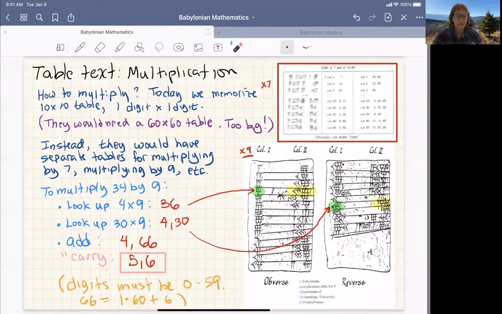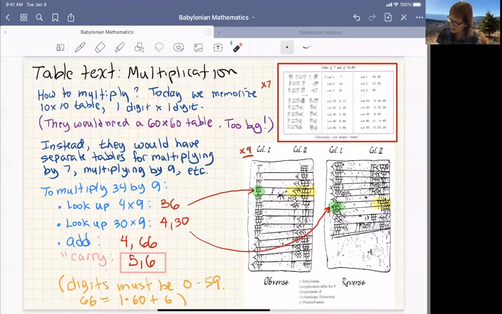And so now what we're going to do is add. So we get 4, 66. By the way, you had to know from context what this 36 meant. Does it go in the ones column or the tens column, or rather the 60s column, in order to add?